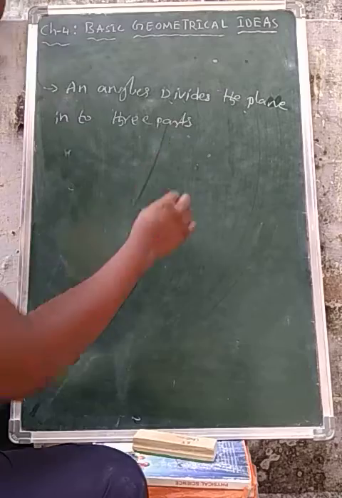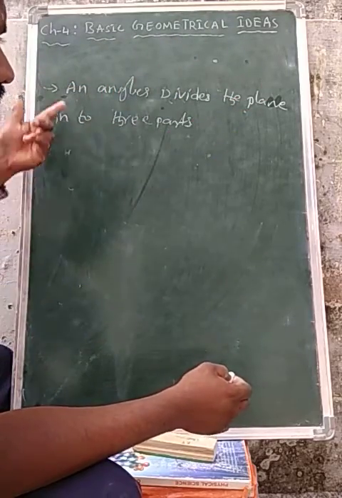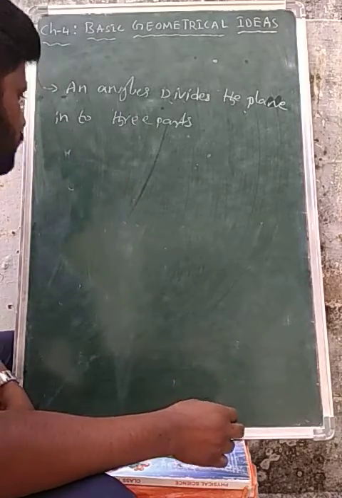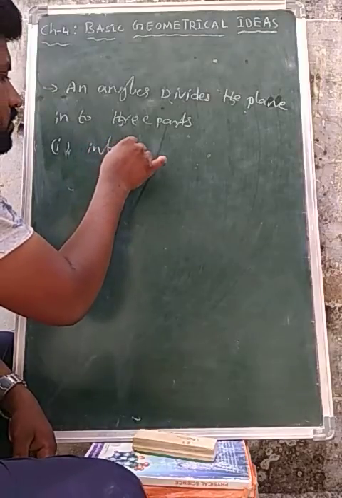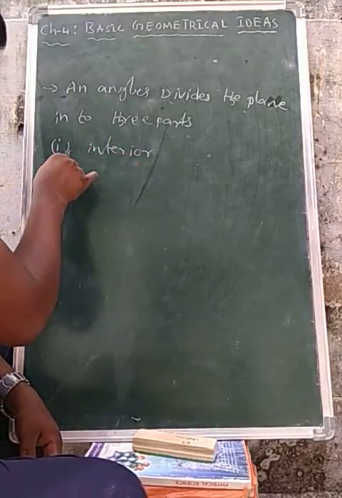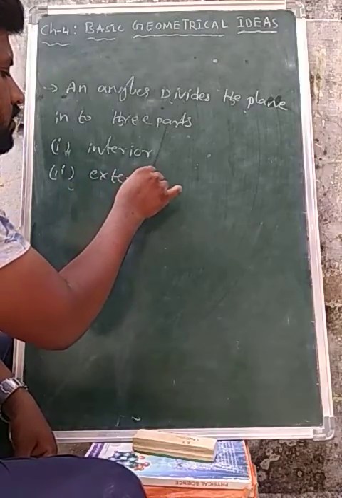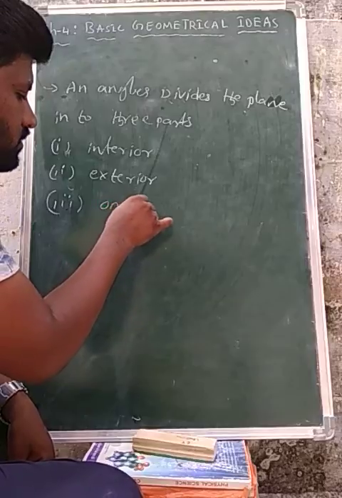For example, this is a plane. An angle divides it into three parts. One is interior, one is exterior, and one is on the boundary.